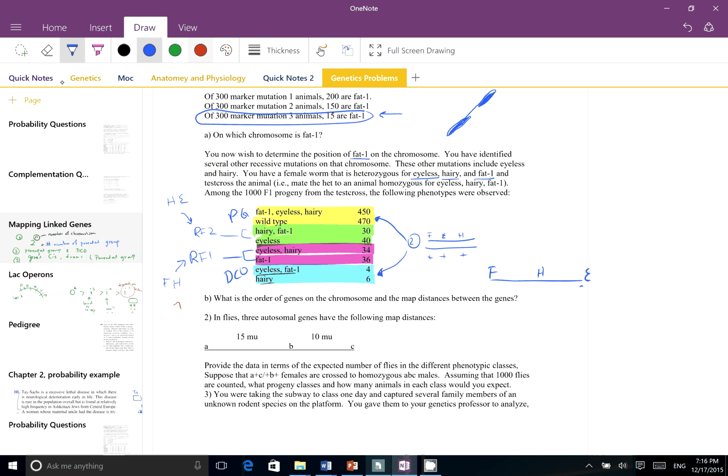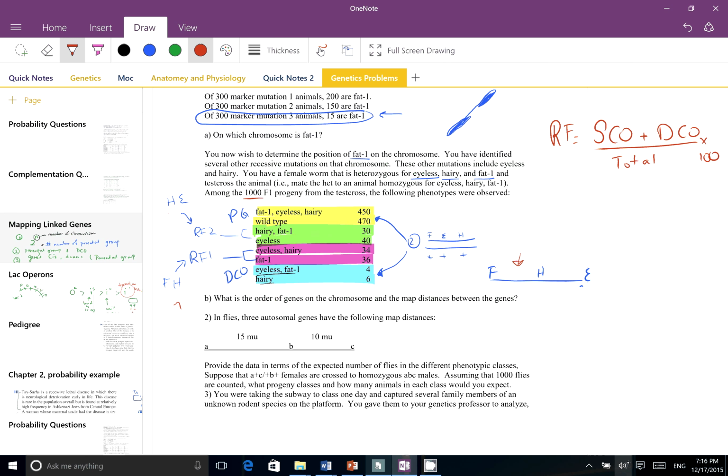The equation is relative frequency is equal to single crossover plus double crossover over total times 100. And they already gave you the total is 1,000, so I don't even have to add up all those totals.